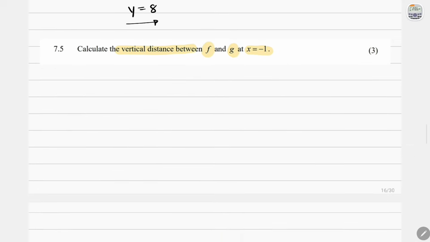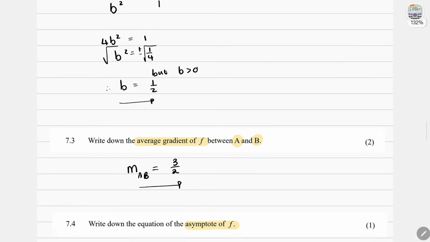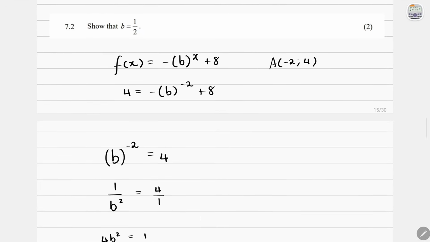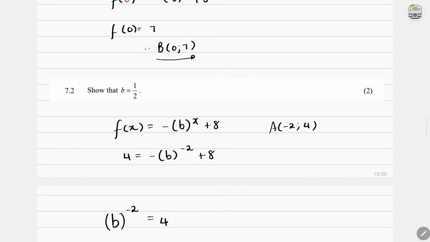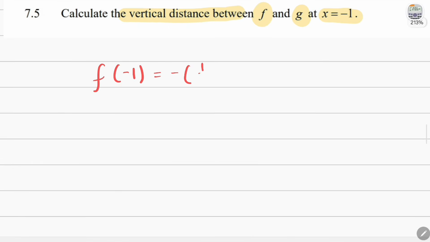So let's just find the y values first. We'll find the y value of the graph of f at x equals -1. Okay, so that is equal to, we know b is now 1 over 2. So the equation of f is negative and then 1 over 2 raised to the power of x. So we'll say -1 over 2 raised to the power of -1 and then plus 8. Okay, let's find that y value first. So that's going to be -2, 8 minus 2 is 6.